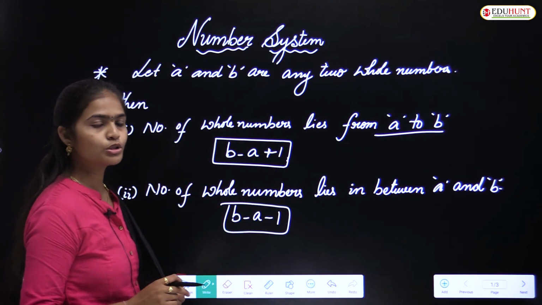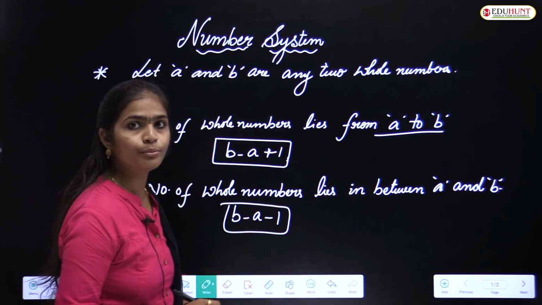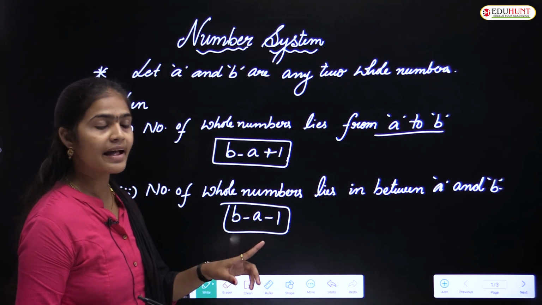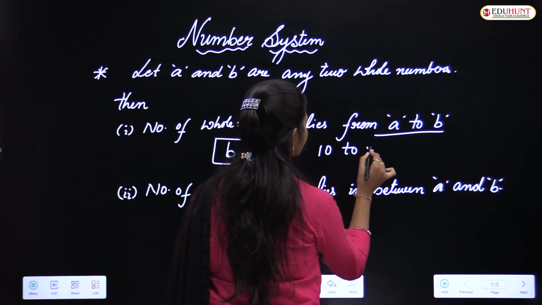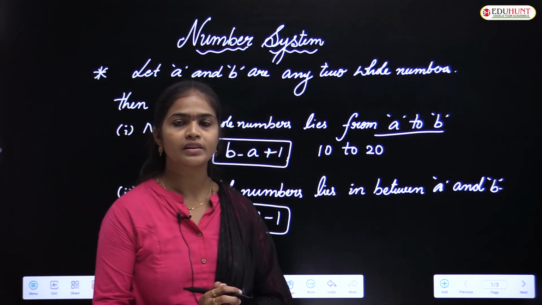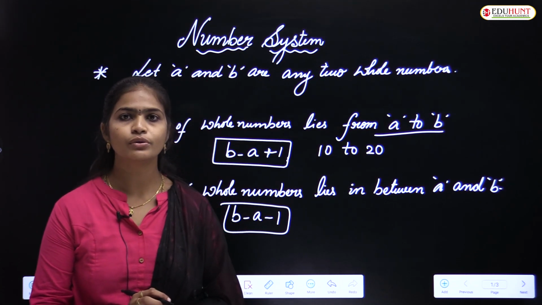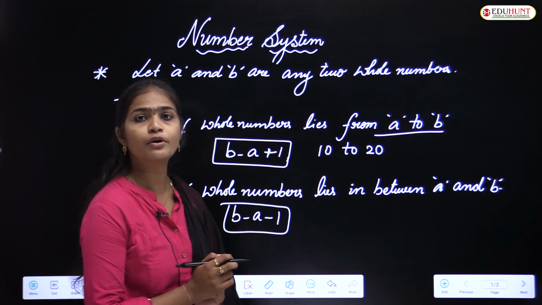So my first question is, how many whole numbers lie from 10 to 20? This is my question. Okay, if you know the answer, then you can comment. By using this formula, how do we calculate this?